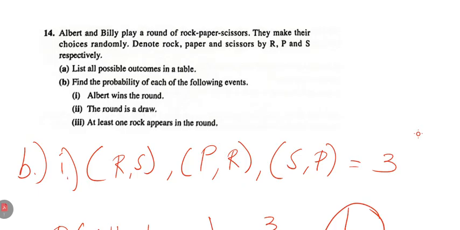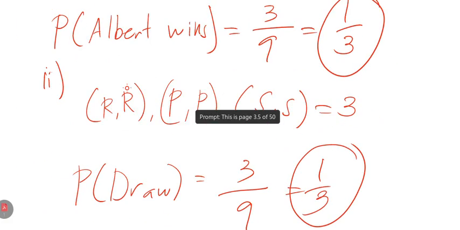Now let's look at the last one: at least one rock appeared in the round. Let's look at our table.